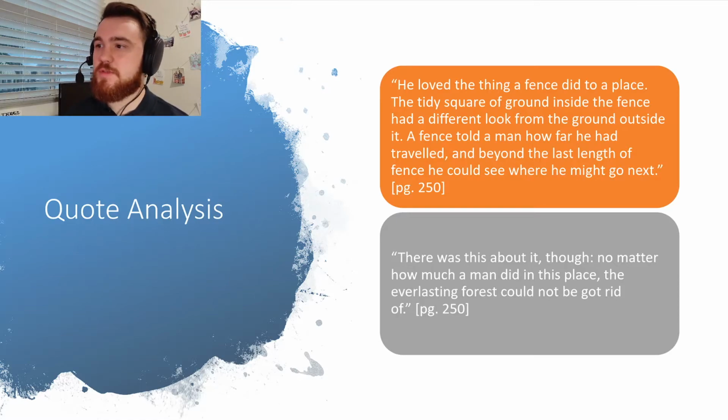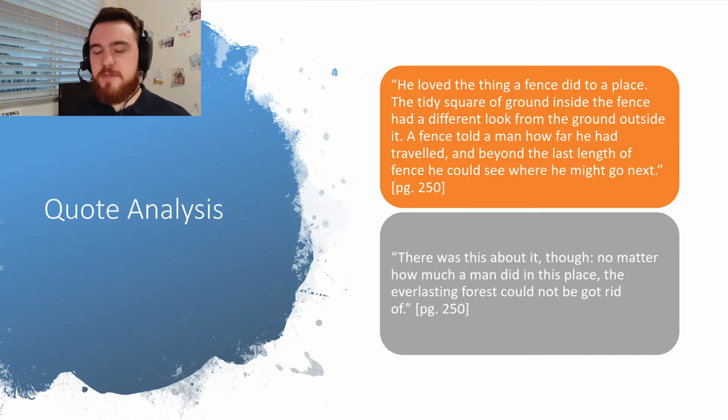So there was this about it, though: no matter how much a man did in this place, the everlasting forest could not be got rid of. And this is showing that, yes, even though the settlers are trying to take over this land, there is still this primal force of nature, of forest, of bushland that cannot be tamed.